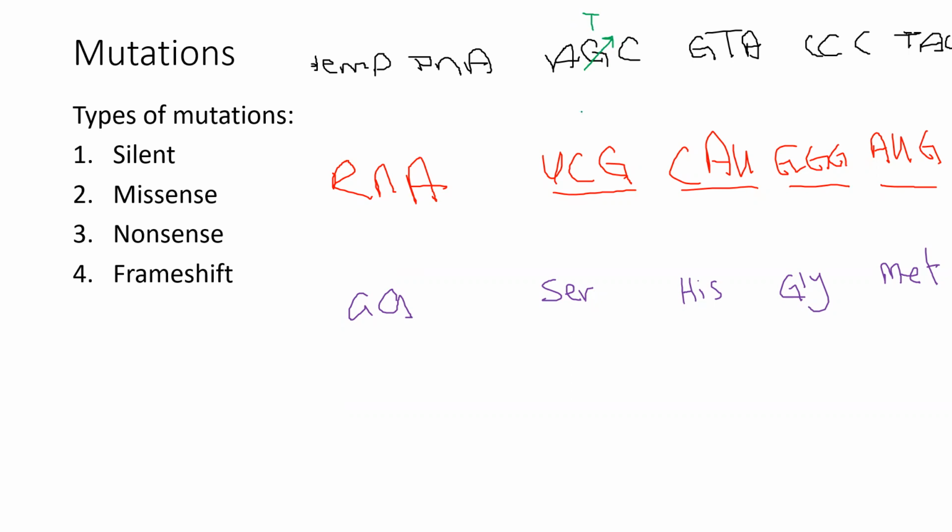Now let's look at the trickle-down effects. Instead of the codon UCG, we're going to have the codon UAG. Look at your codon wheel: instead of serine, what are we going to have? We're going to have nothing, because UAG is a stop codon. There is no amino acid for a stop codon.